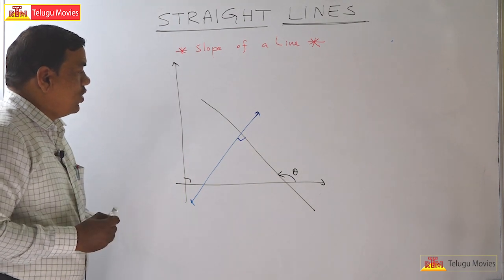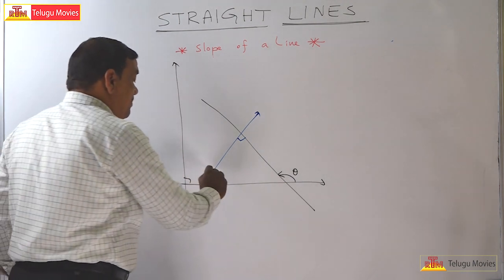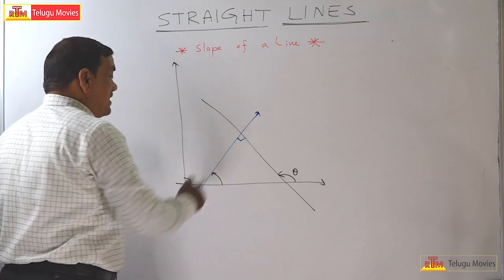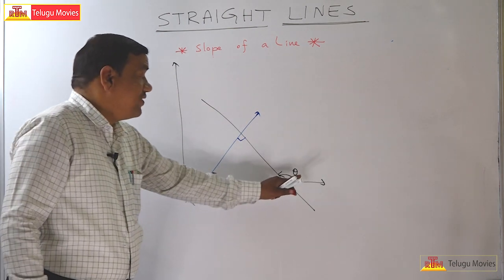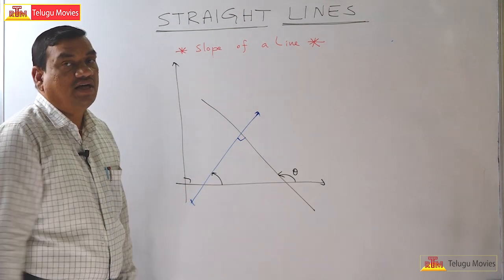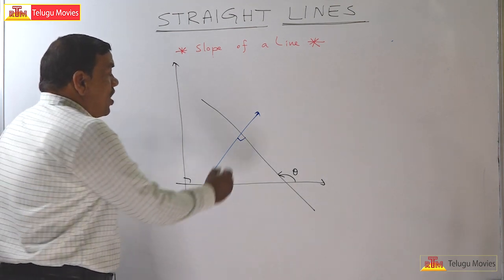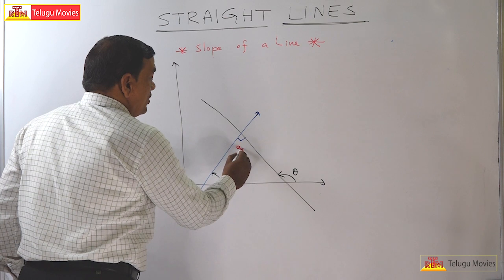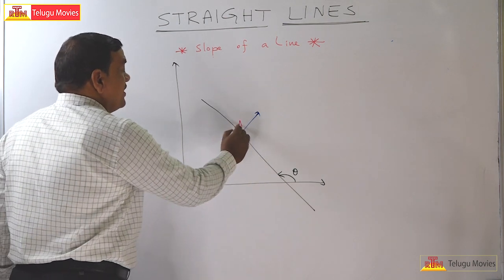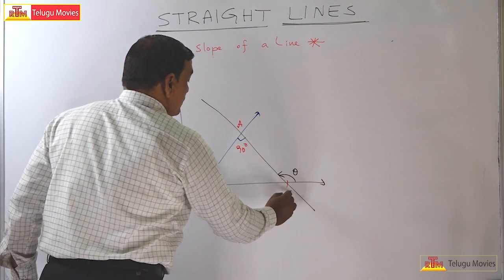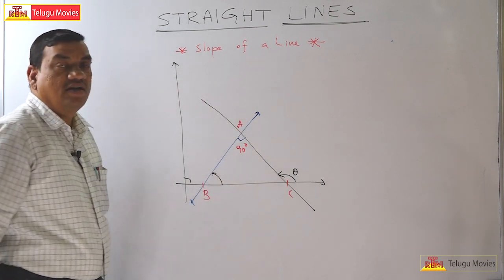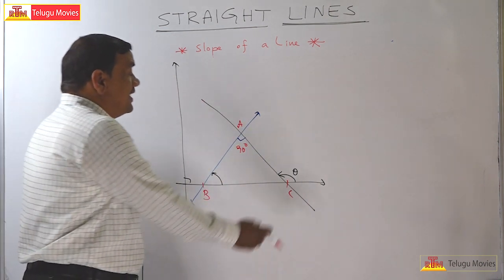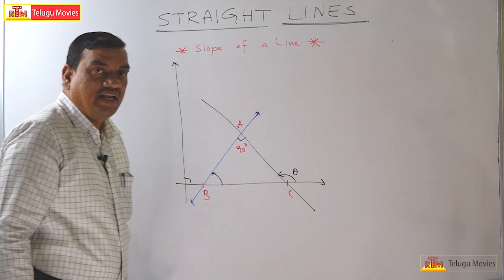What is the angle made by the second line with the x-axis, in terms of theta? Obviously this is equal to 90 degrees. If you take ABC as a triangle, theta is the exterior angle.